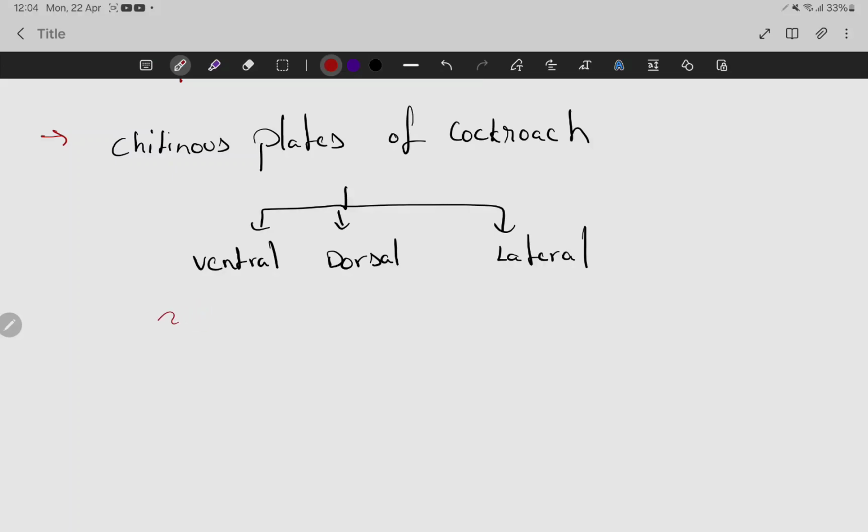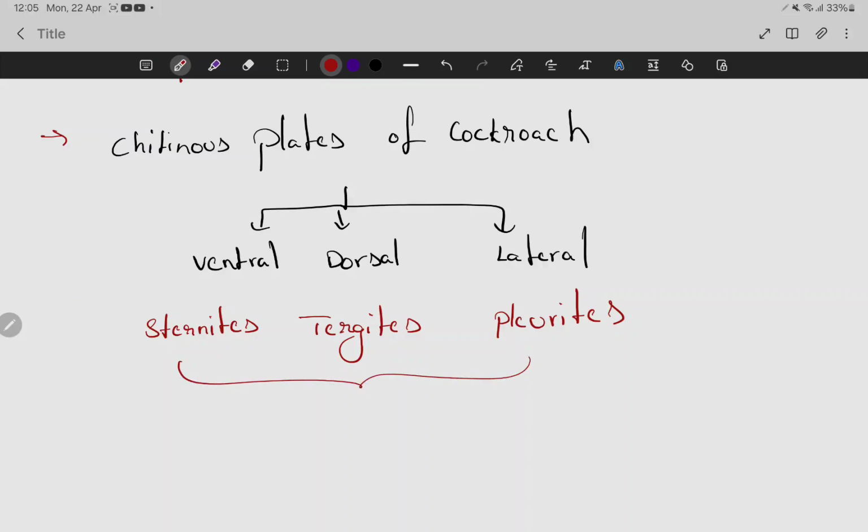Ventral it is sternites, dorsal it is tergites, lateral it is pleurites. All together are linked by arthrodial membrane.